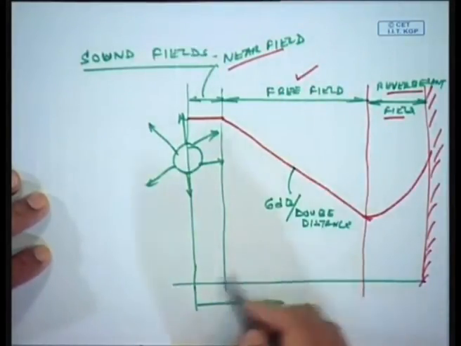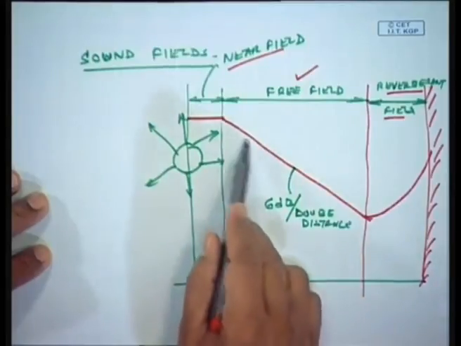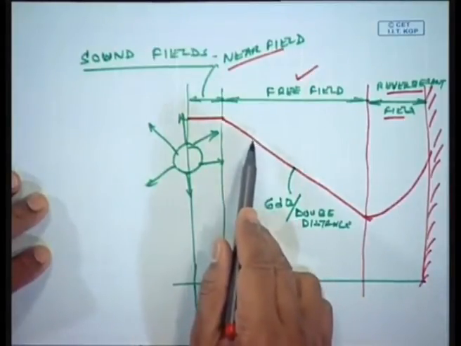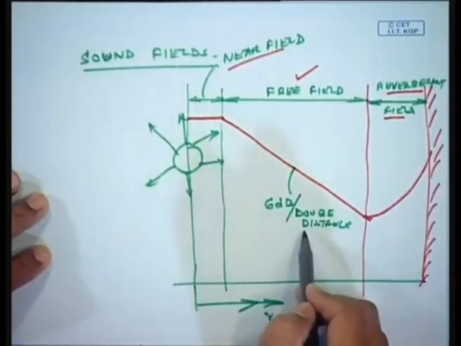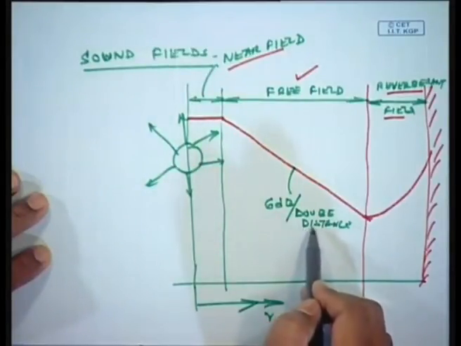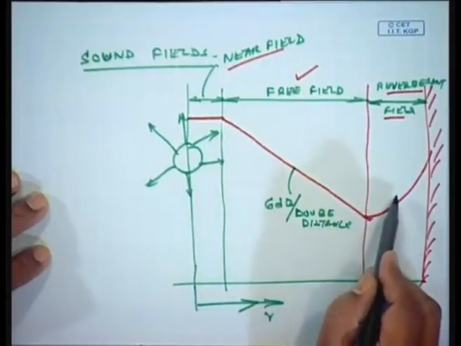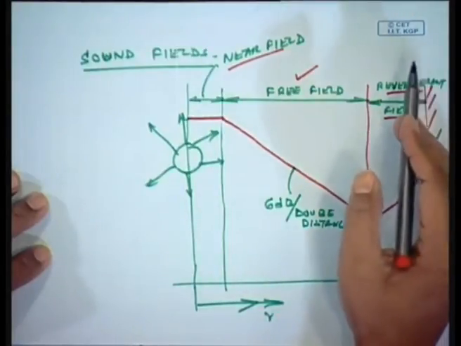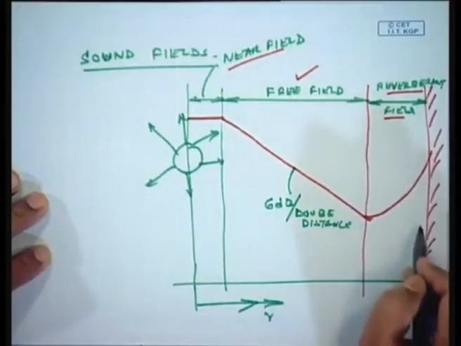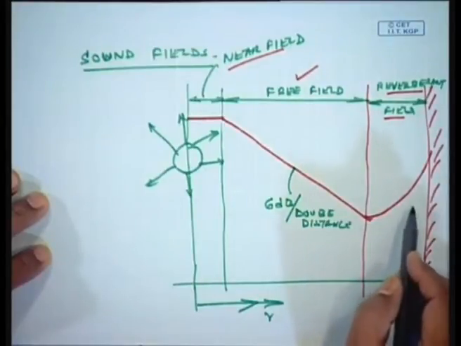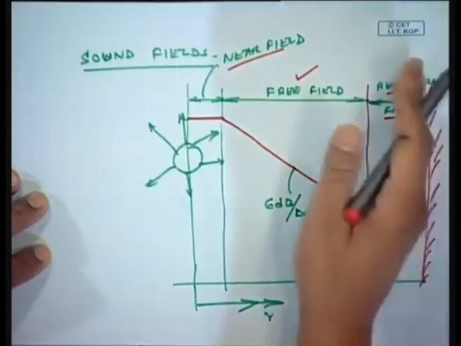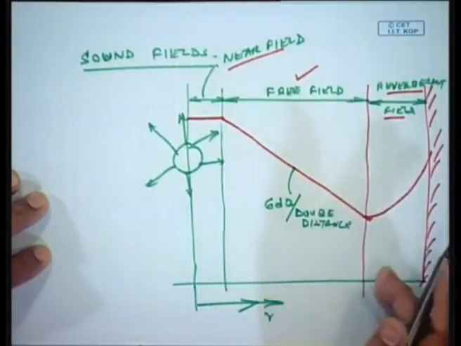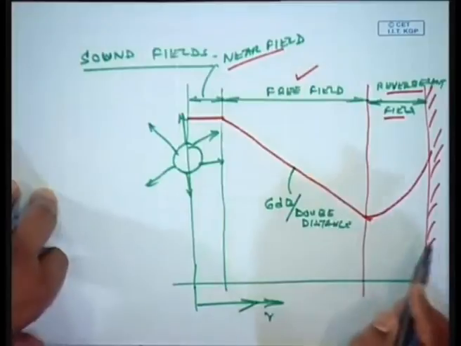In a shop floor you can move your sound level meter or microphone away from the source and see whether this 6 dB decrease is there with doubling distance, and whenever it tries to increase, you are close to the walls in the reverberant field. Like you would have seen, if you go to the corner of a classroom and speak, because of the reflections in the wall, the sound pressure level will increase. Okay. And this is what we need to measure in.